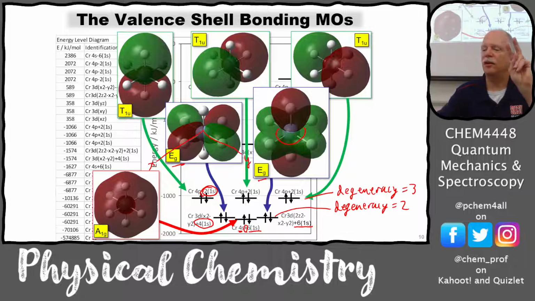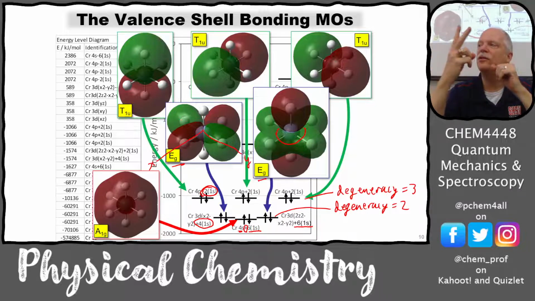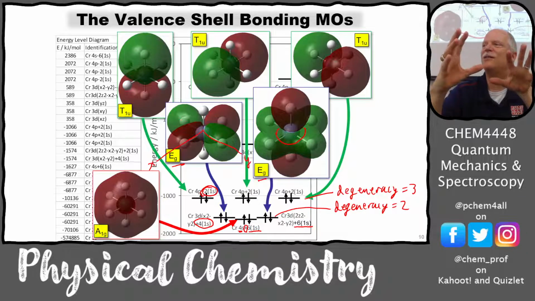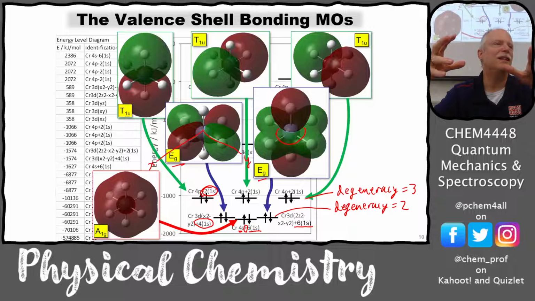So 2 electrons times 6, we end up with 6 bonds, if a bond requires 2 electrons. So we still get the same answer: 2, 4, 6, 8, 10, 12, 12 electrons needed for 6 bonds.